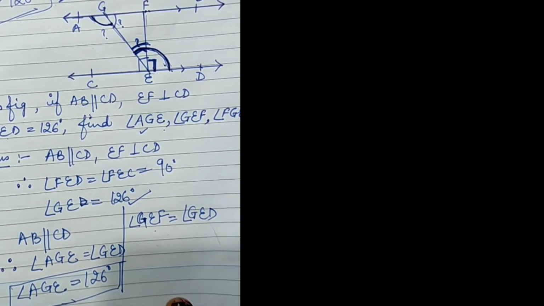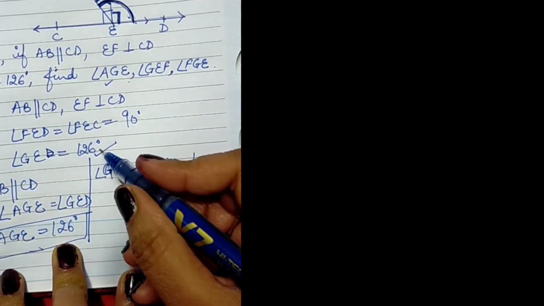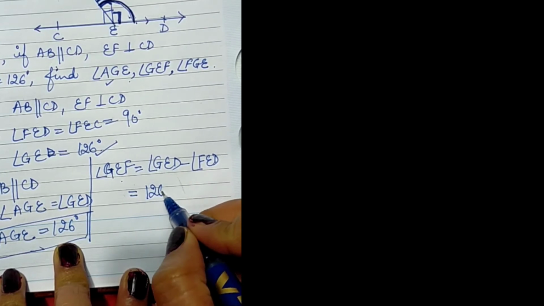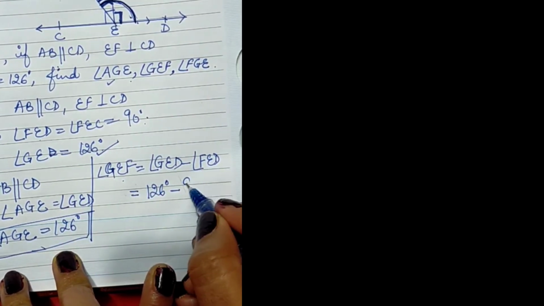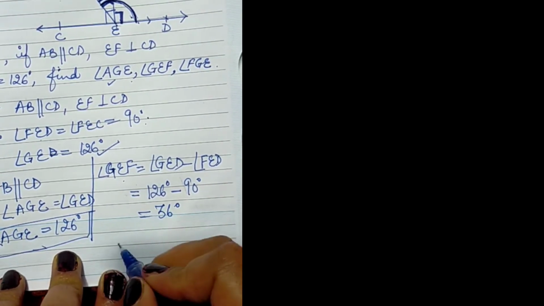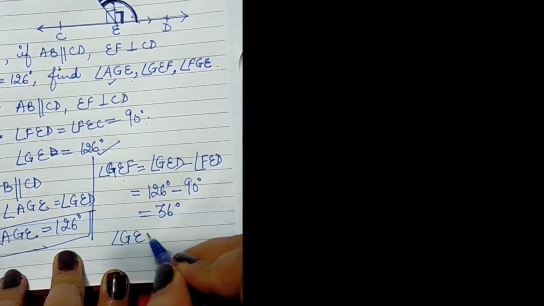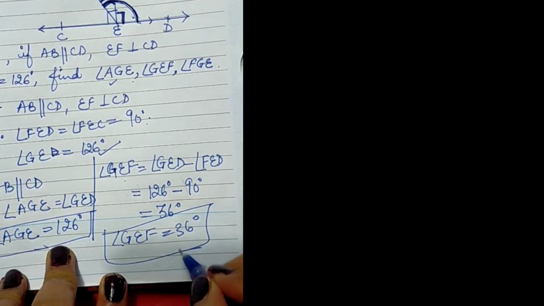GEF is equal to GED minus FED. So GED is given to be 126 and FED is 90. So let's subtract it. We will be getting 36. So GEF we got as 36. So this is another answer.